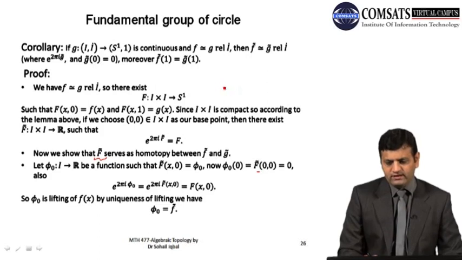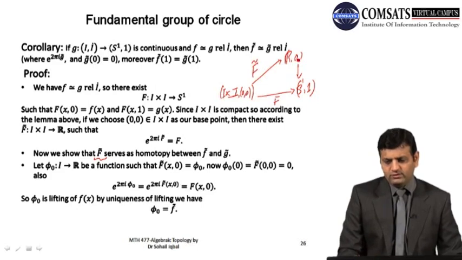Because we have taken the base point of I cross I to be (0, 0), and the base point of R to be 0, and we have said that if F is a map from I cross I to S1 with these marked points or base points, then F tilde is a map which will take (0, 0) to 0, because this is a continuous function between these two pointed topological spaces, so it must take this point to this point. So F tilde of (0, 0) is equal to 0.